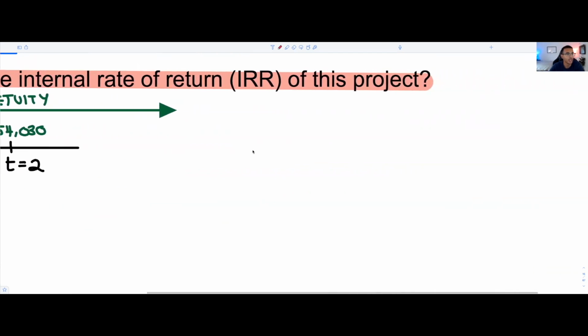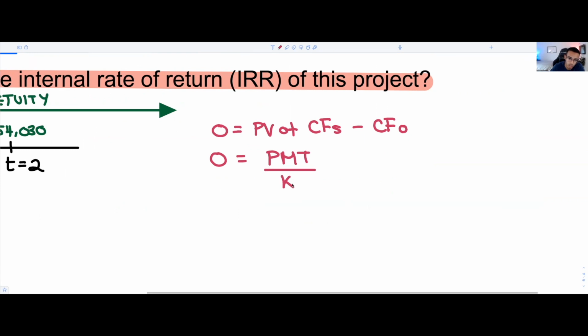So once again, we know that the IRR is giving us a very specific point. It's the point at which the present value of our cash flows less our initial investment will be equal to 0. In this case, we know that we're dealing with a perpetuity. So we would have payment over K minus our CF0, and that should give us 0.